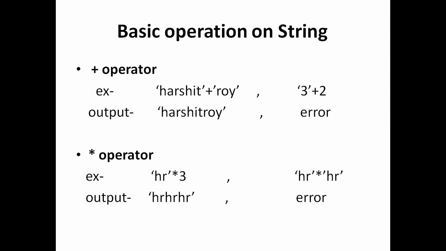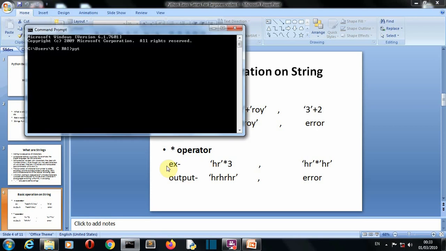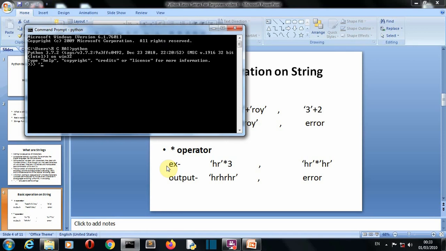Now you know a string is all the characters between the inverted commas. There are a few operations you can do using operators. Let me open the command prompt here, write python, and let's see.